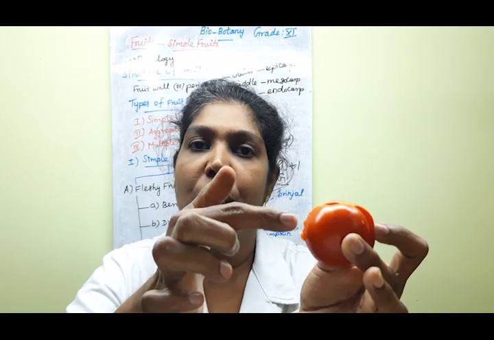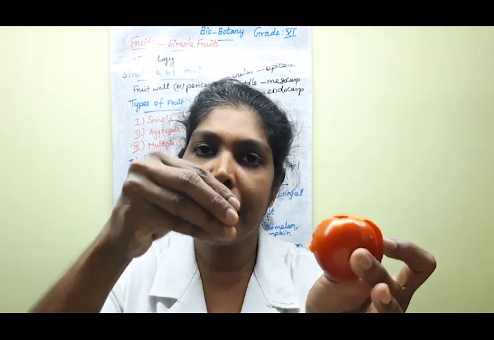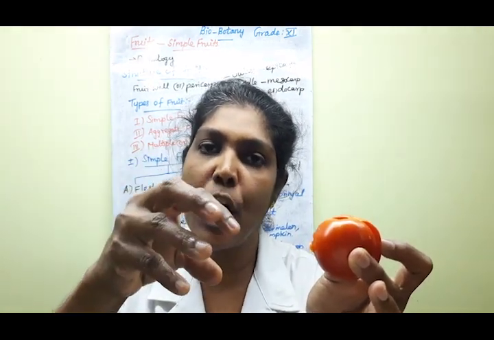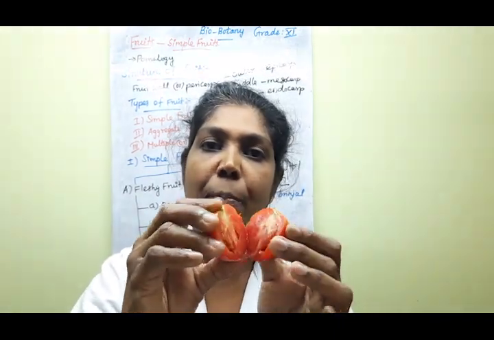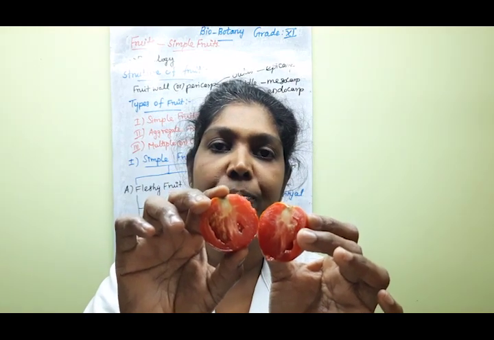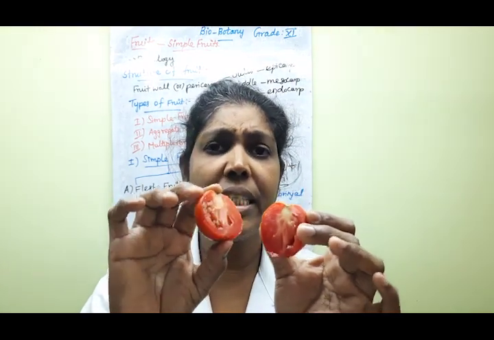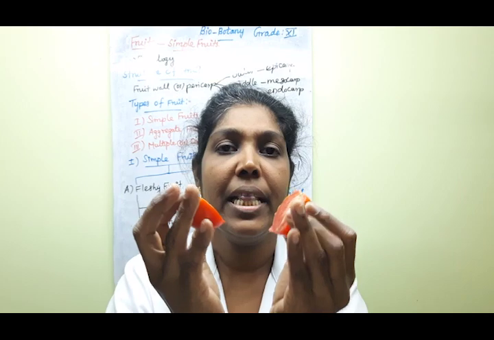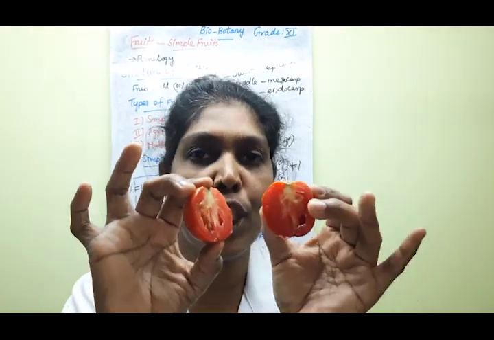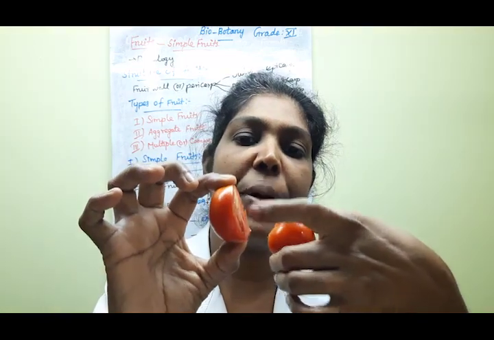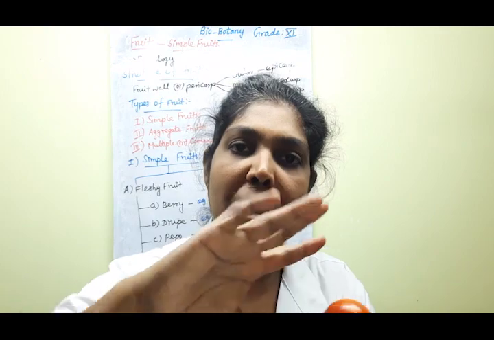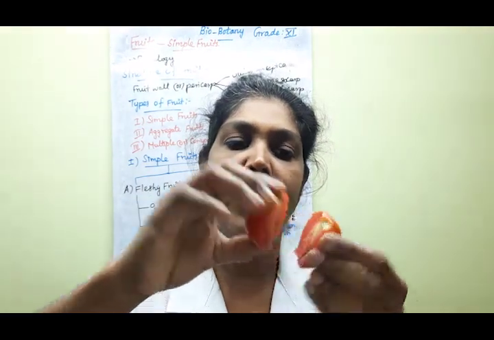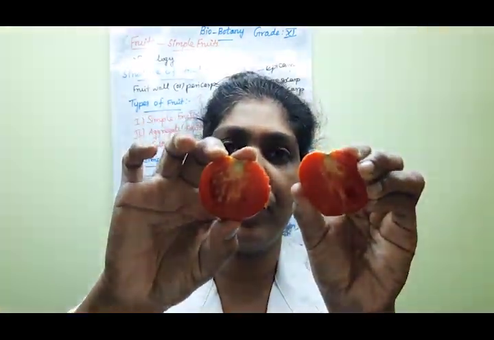Then the middle part is the mesocarp, and then the endocarp. These are present together, in fleshy form only. Also, the seeds are present in an embedded form, meaning mixed inside the fleshy fruit.